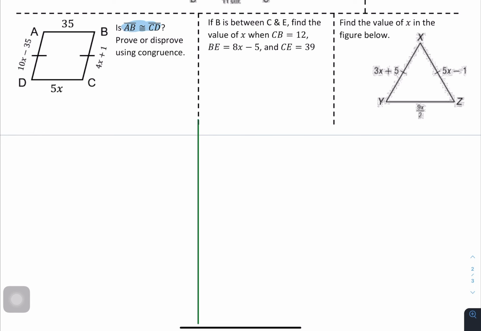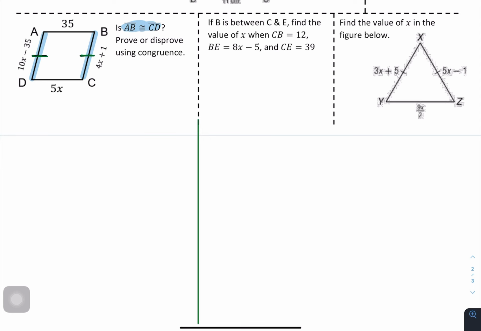Now, by our eyes, it looks kind of congruent, but we don't know it yet. That's what we have to prove. However, one thing we know for sure is that the segment AD is congruent to the segment BC. Why? Because they labeled them the same.